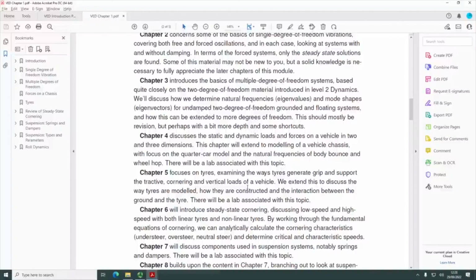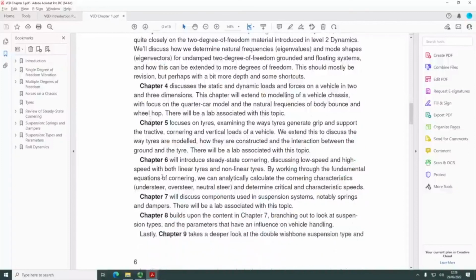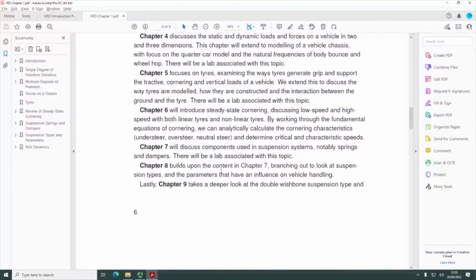You probably hear these terms if you're reading magazines or watching drifting. We'll talk about how they're actually defined, what they mean, and the critical and characteristic speeds as well.